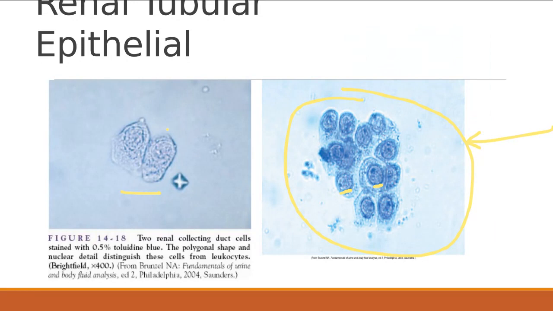You have to be really careful about calling renal tubular epithelial cells because these are very significant, so always make sure that's what they are. You can always have somebody look behind you. They're pathogenic, and they can be seen in renal tubular necrosis. These are very clinically significant. The other ones, not so much.